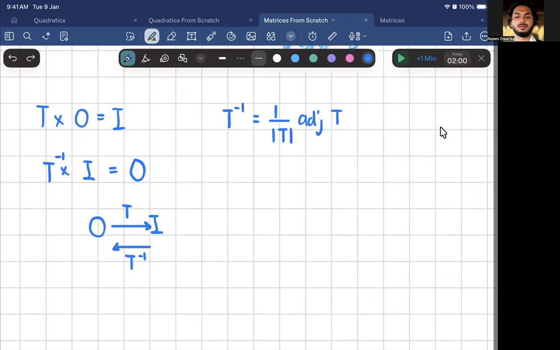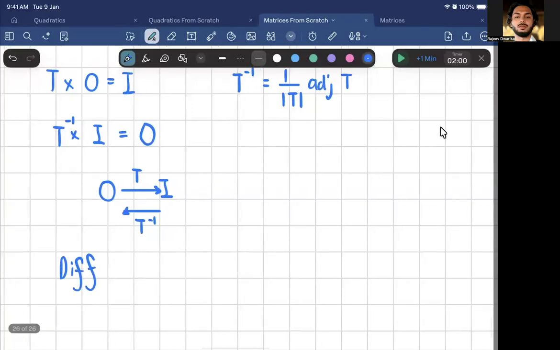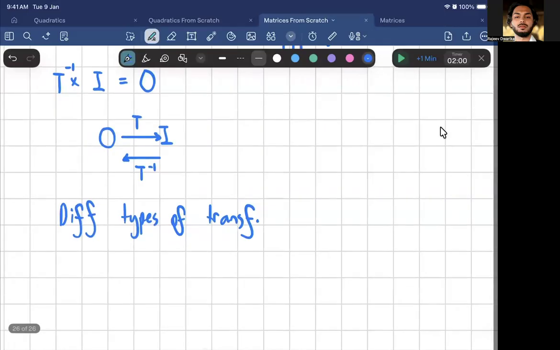Well, you need to remember the different types of transformations. But I showed you all the hack to remember them. Shouldn't be that bad. Additionally, you need to know combined transformations.